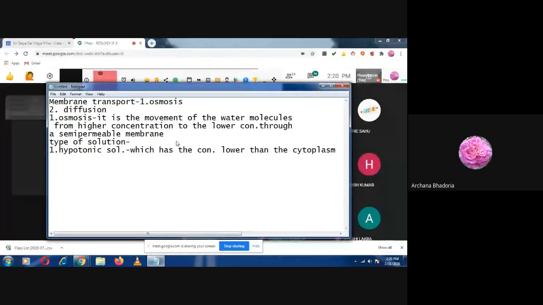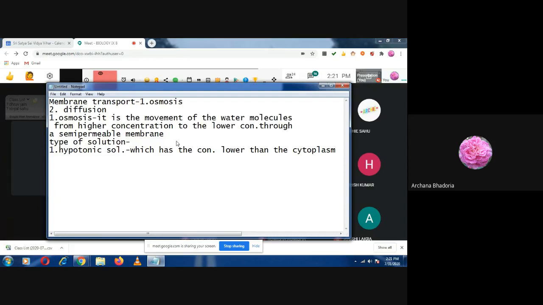Okay, now hypertonic I said. Now understand carefully. When you say it has the concentration lower than the cytoplasm, hypotonic solution, we mean to say it will have the salt concentration less or high? Less.